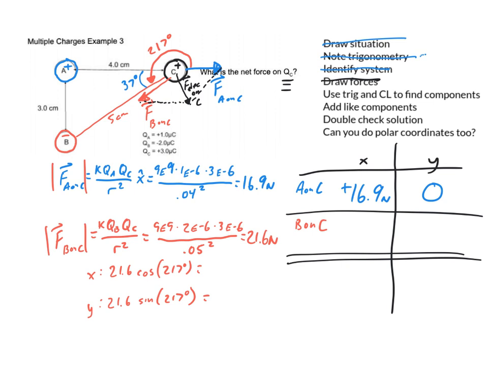21.6 cosine of 217 gives me negative 17.3 newtons. I'm expecting to the left, that's a good thing. Negative 17.3 newtons. And in the Y direction, I'm expecting a negative number here.